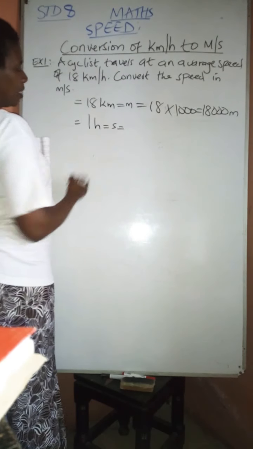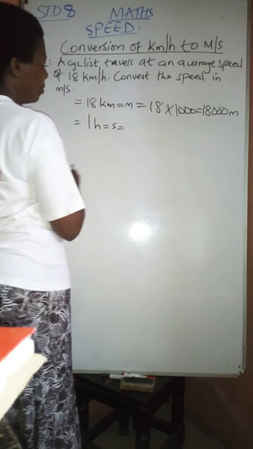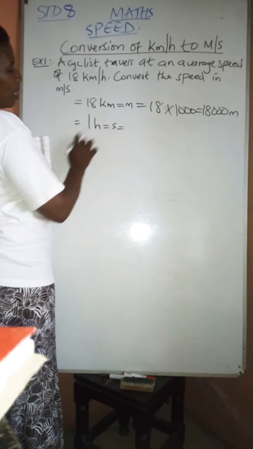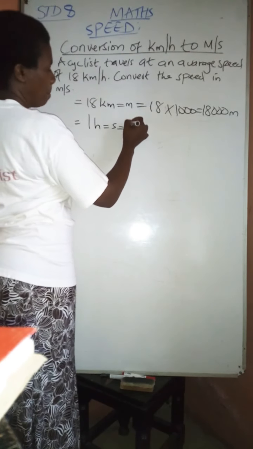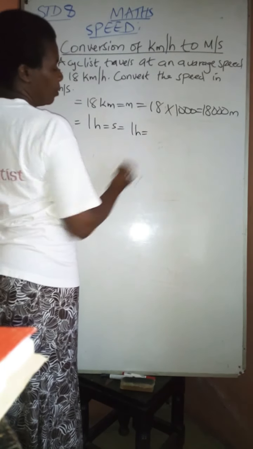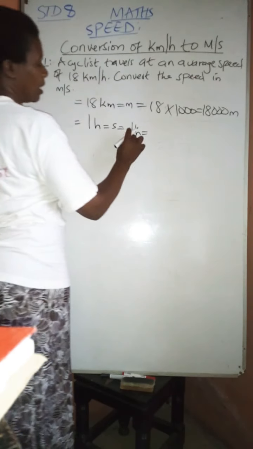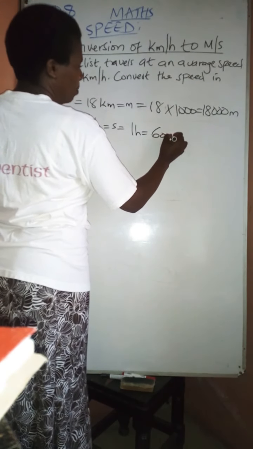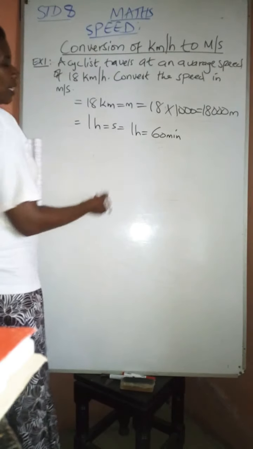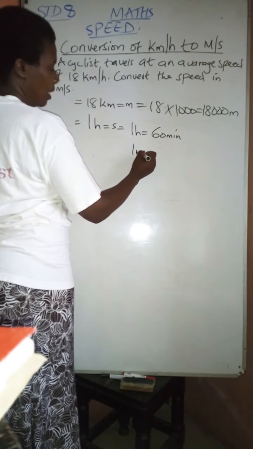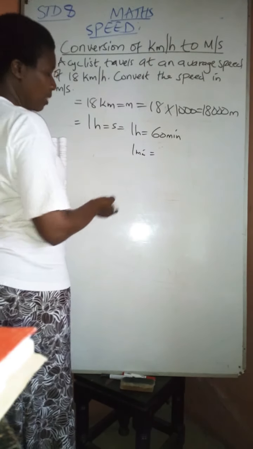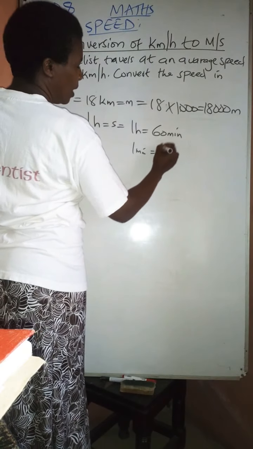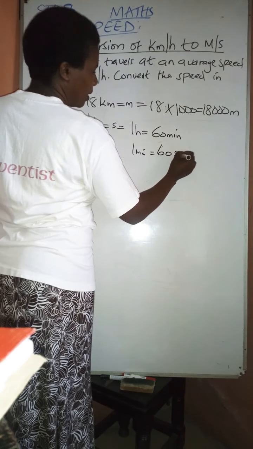And then here we convert 1 hour into seconds. Because we cannot do that directly, first we convert 1 hour into minutes, and we know that in 1 hour we have 60 minutes. Then we convert 1 minute into seconds. In 1 minute we have another 60 seconds.